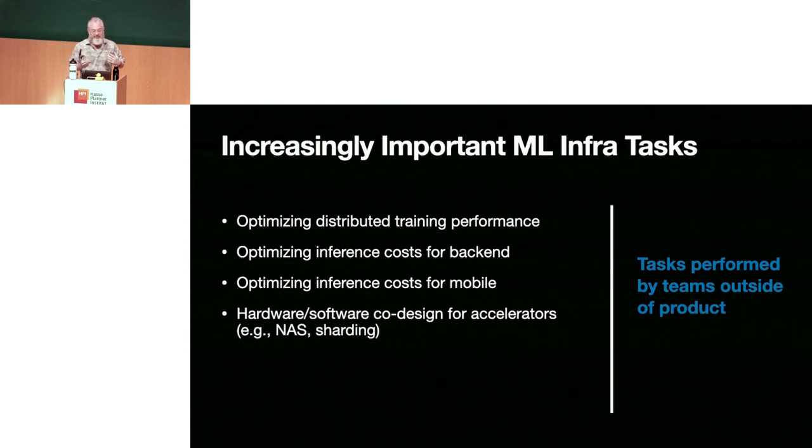And then there might be some other cases where we want to reduce inference costs on mobile. So for example, there's a lot of machine learning that might take place on the device, including some amount of ranking, as well as things like natural language understanding or type-ahead models that are used for virtual reality.